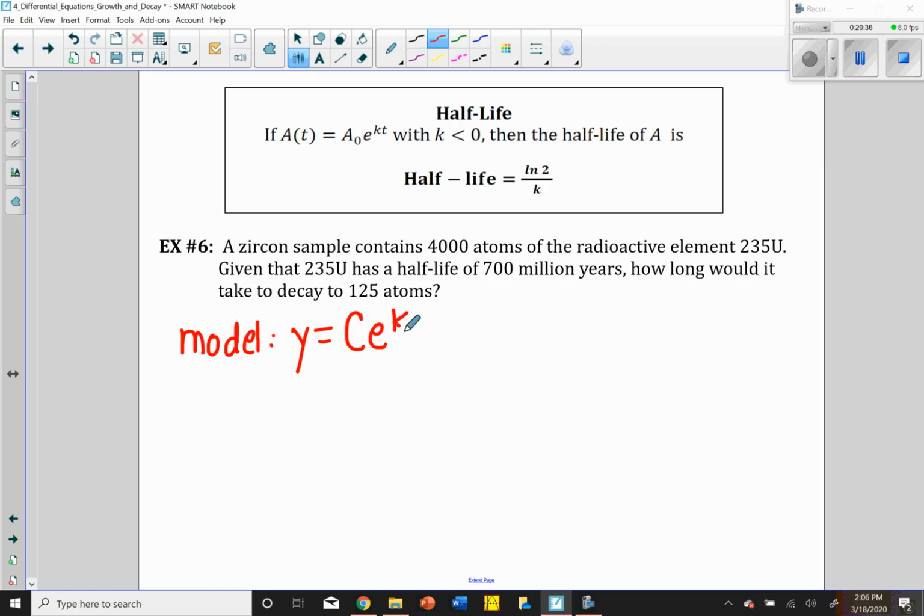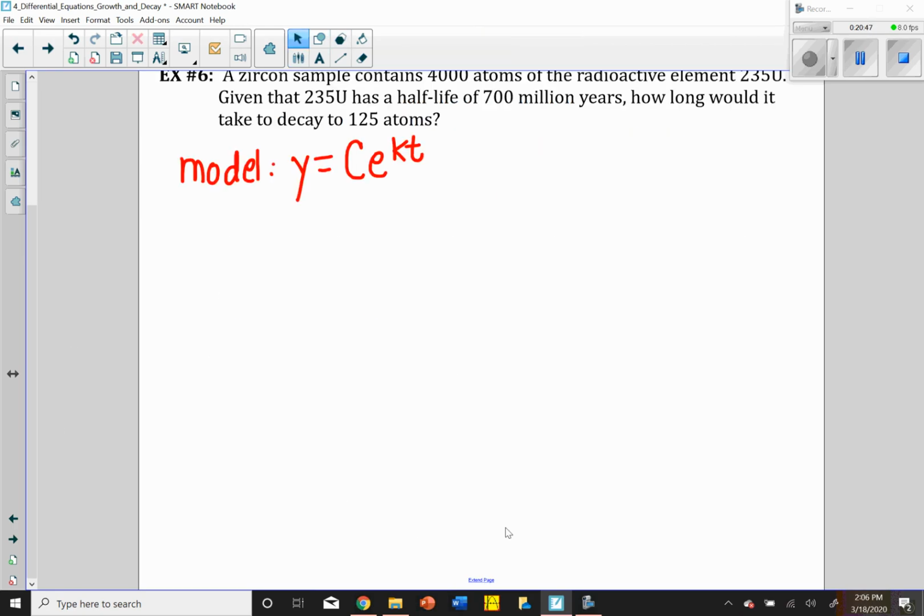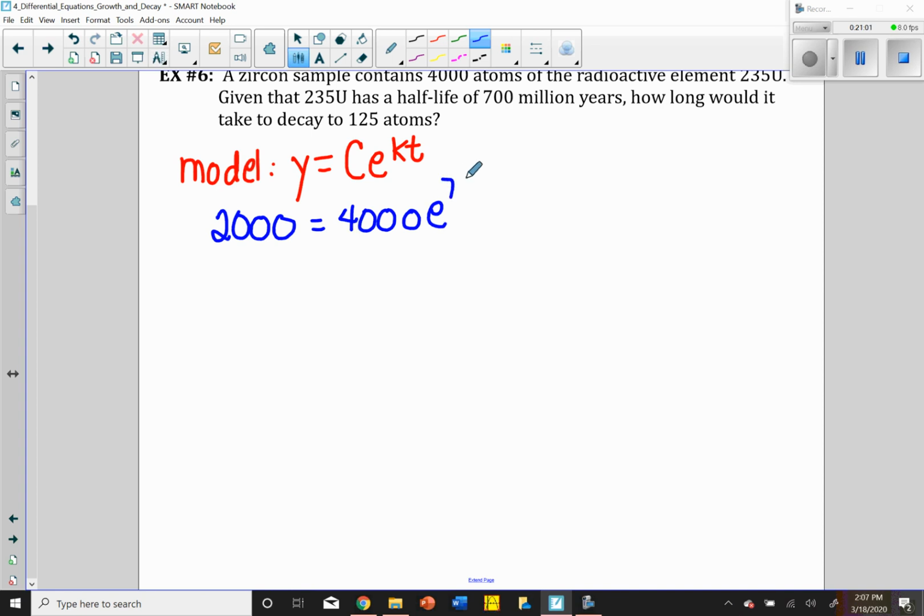We know we have y equals ce to the kt, or a of t is a sub naught e to the kt. Both are the same equation, just different variables. We know 2,000 equals 4,000 e to the 700 million years.